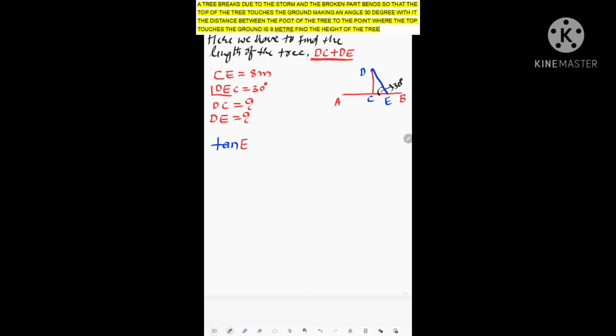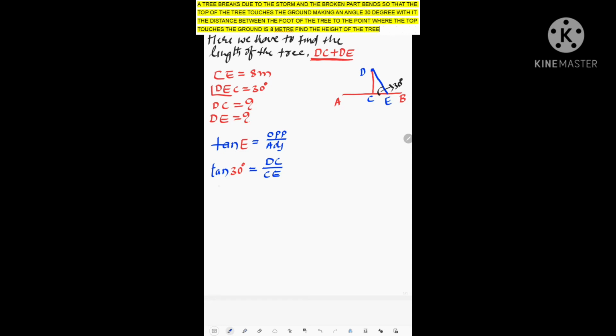By tan E, tan of angle E is equal to opposite divided by adjacent. Angle E is 30 degree. Opposite is DC, which we have to find, divided by adjacent, which is CE.